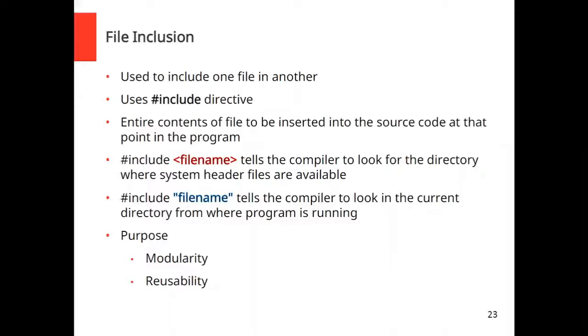Hence, it is easy to maintain the program, as the sections are maintained in different files instead of one big program. So how do we include all these files in the single main program file? We use hash include. This way we can achieve modularity.